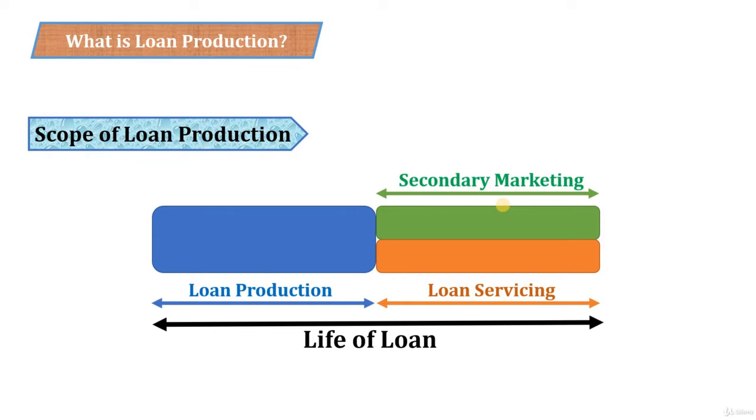Loan production is one of the main stages in the loan life cycle, and the other two important events, loan servicing and secondary marketing, happen in parallel.